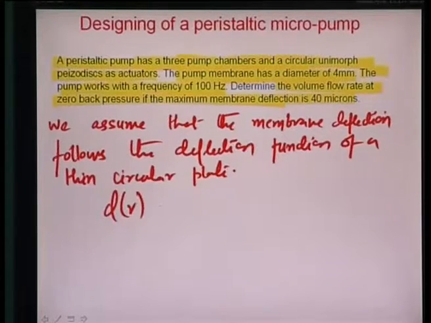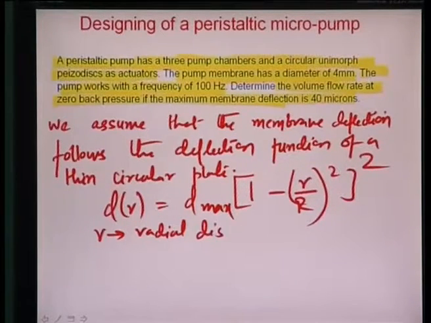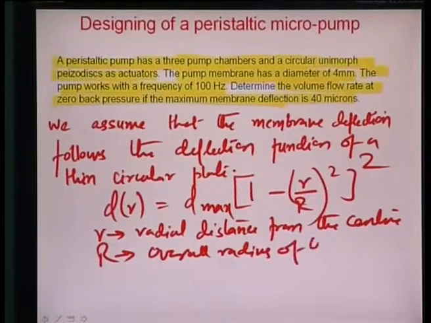So we assume the deflection at radius r from the center is equal to d max, which is the maximum deflection at the center, times 1 minus small r by big R square, whole square. Essentially small r is the radial distance from the center to a point, and big R is the overall radius of the membrane.